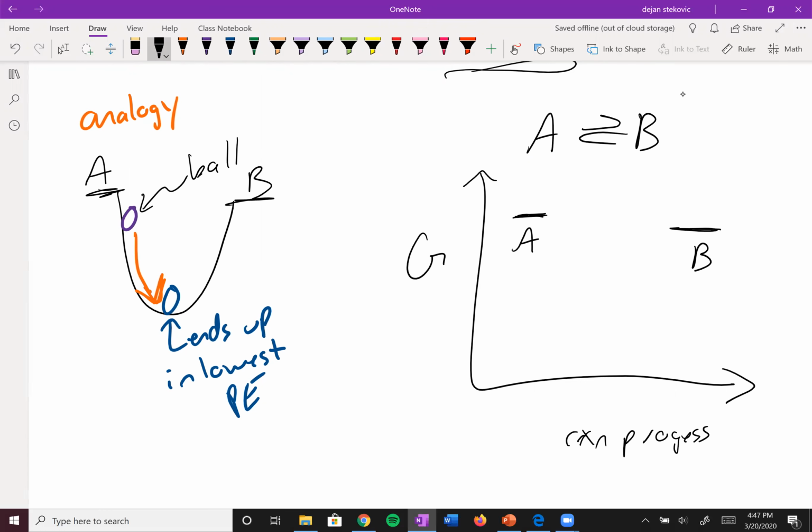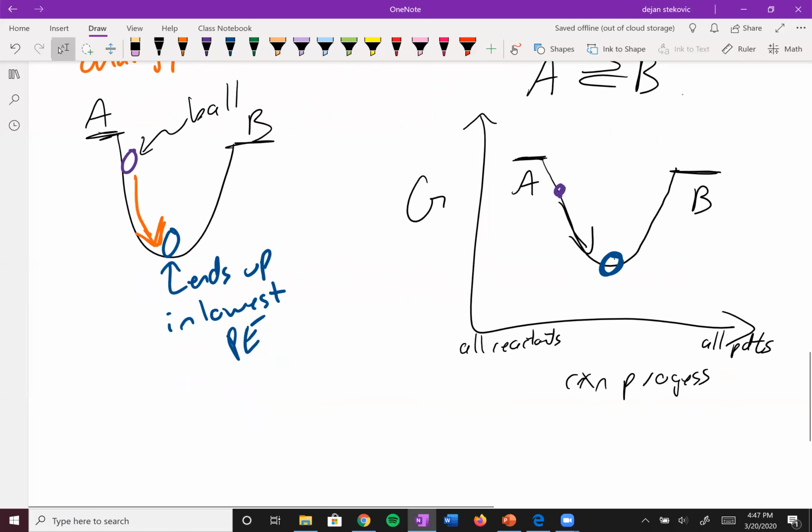And just like if you had called this hill A and B, the lowest energy point is actually going to be somewhere in between. So if you start a reaction here, it's going to go down, and then the reaction will eventually end up here. And if you think about what this x-axis means, on this side we have all products, on this side we have all reactants, and then we had a quality of products over reactants. That was our Q, and K equals products over reactants.